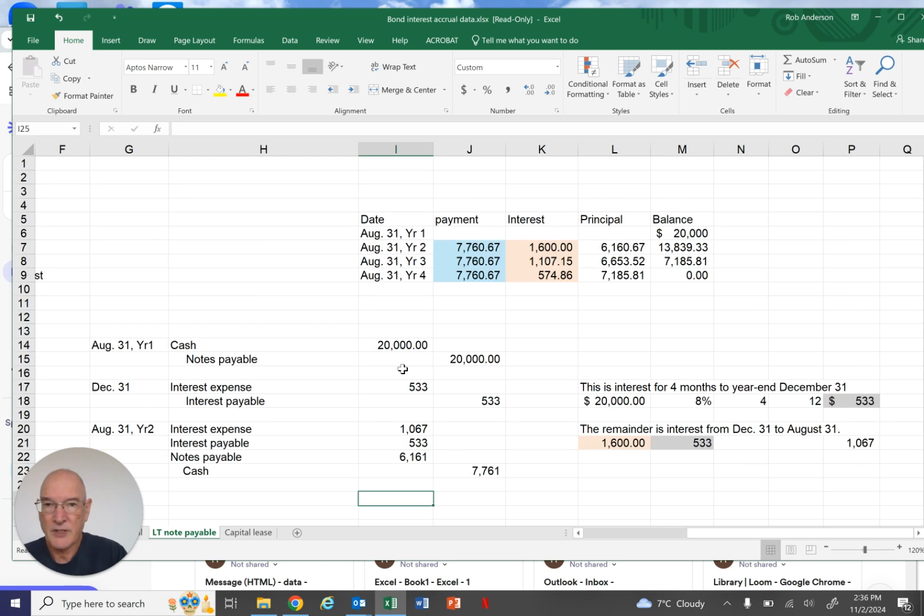Now, you'll notice that that was August 31, year 2. We have to do a December 31, year 2 adjustment, an August 31, year 3 payment, a December 31, year 3 adjustment, and an August 31, year 4 payment.